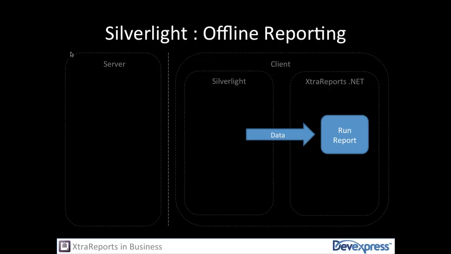From the user's point of view, he clicks a button in his Silverlight application and up comes the preview of his report without being connected to the server. Or you could have an export to PDF button, and maybe you don't get a WPF application coming up, but a save as dialog where you could save a PDF somewhere. Essentially we'd be running our .NET application from the Silverlight application, but from the user's point of view, they're doing offline reporting with Silverlight.